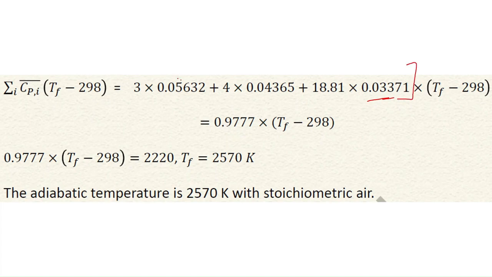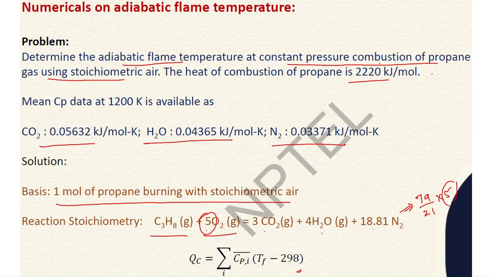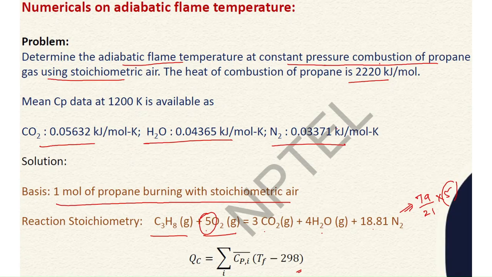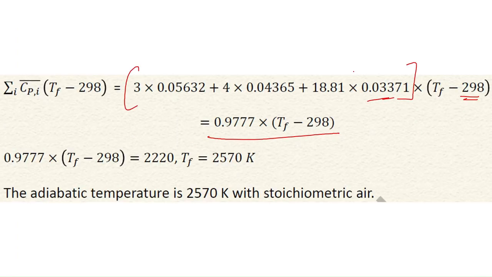This will be in brackets into T_f, which is the adiabatic flame temperature, minus the reference temperature, which is 298 Kelvin. So we get this, and the total heat of combustion of propane is given here, which will be equal to this thing. It will be equal to 2220, and we will be getting T_f as 2570 Kelvin. So the adiabatic flame temperature is 2570 Kelvin with stoichiometric air.